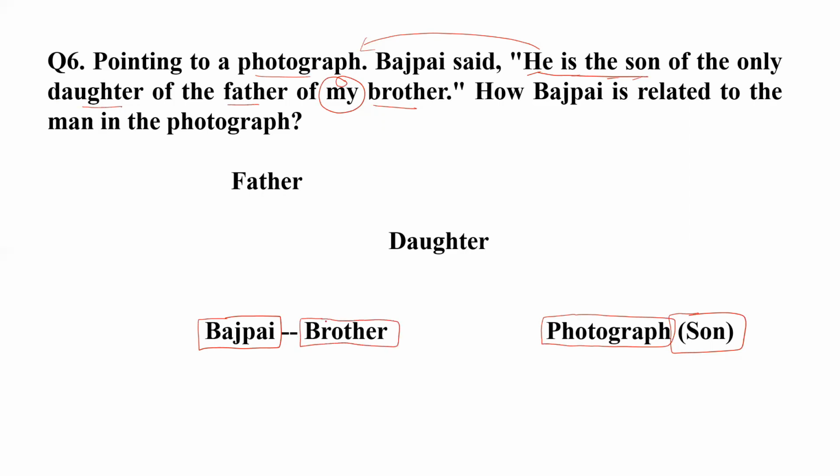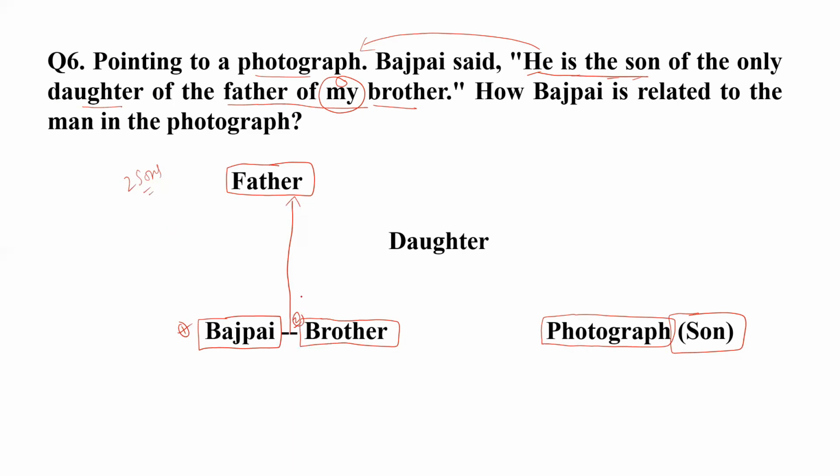He is talking about the father of his brother. That means the brother has a blood relationship, so this man should be the father of Bajpai and his brother as well. This is very obvious. So this man has two sons: the first is Bajpai, and the second is his brother.